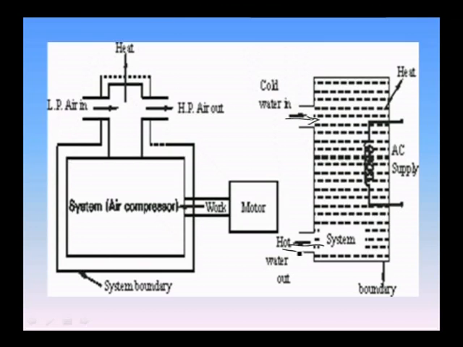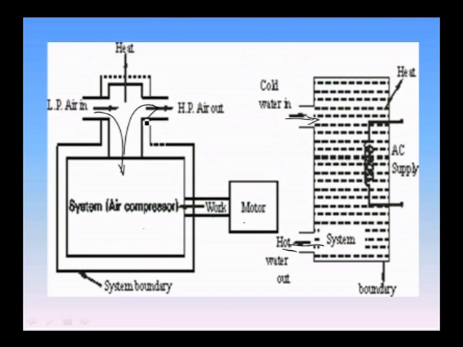Similarly, another example, the air compressor. As we know, an air compressor is a device used to compress air. Here the air compressor is connected with the help of a motor and shaft. The shaft supplies mechanical energy to the system, and this causes the air compressor to suck the air inside, pressurize it and deliver it at higher pressure.